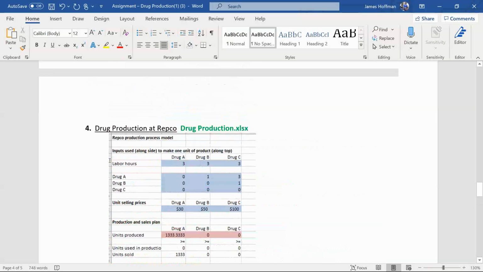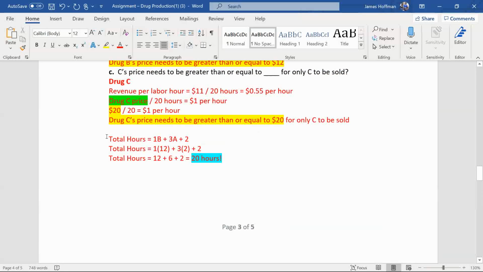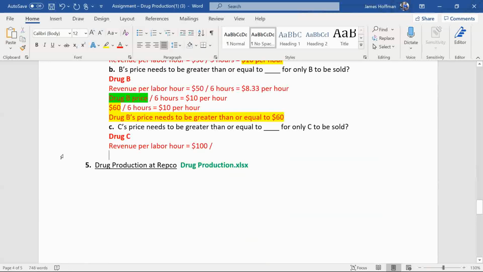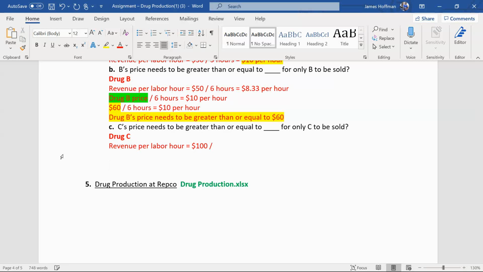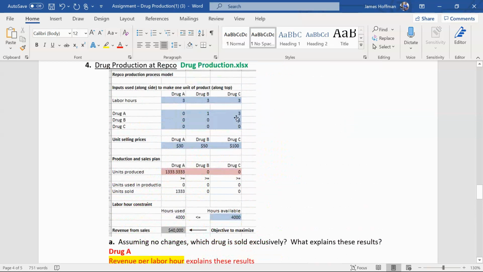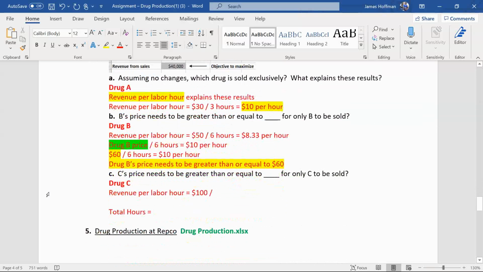All right, let's do it like this. If doing the total helps. Okay, so let's start with the one drug B, the 1B.